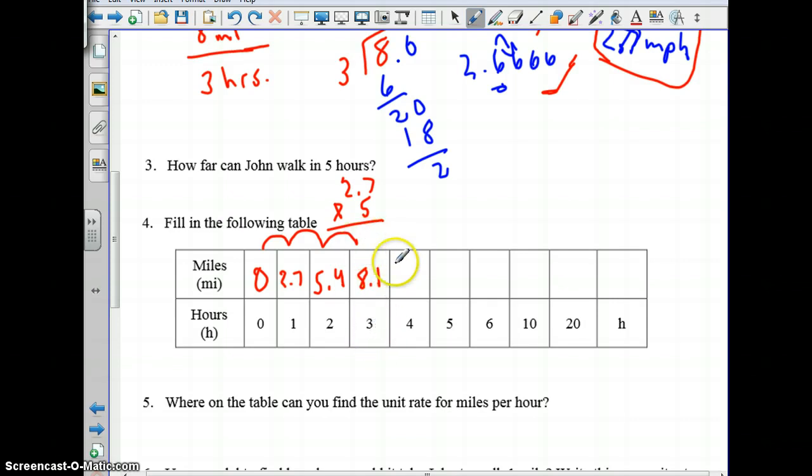An alternative way, instead of just adding 2.7 each time, is you could say 2.7 times 4 here, just like we did up here, and that would be 10.8. Then we'll do it times 5, or we can just add 2.7 more, 13.5. Then 6, 16.2.